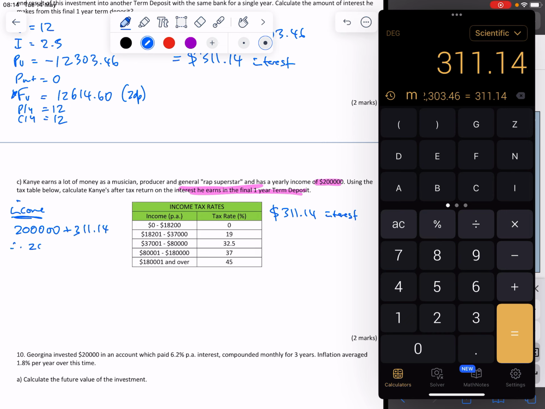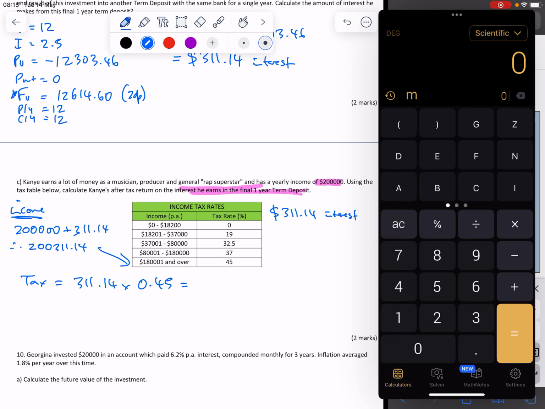That's in the $180,001 and over bracket. So tax is equal to the interest earned times the tax rate as a decimal, 0.45. 311.14 times 0.45 is $140.01 to 2 decimal points.